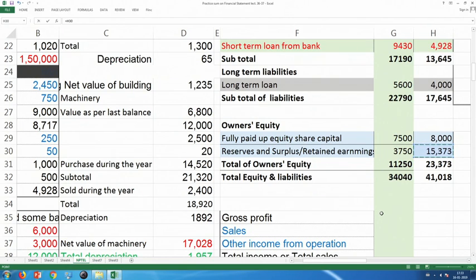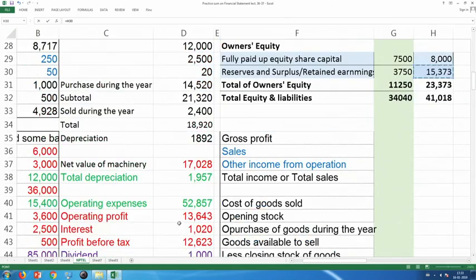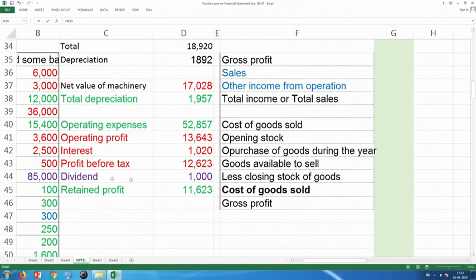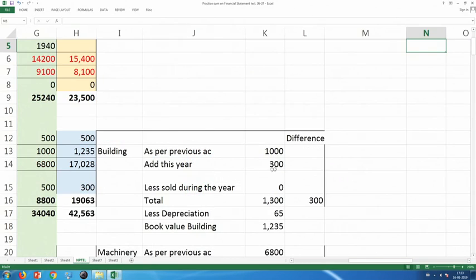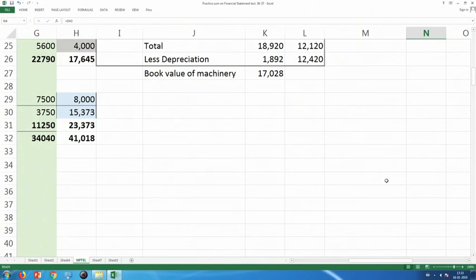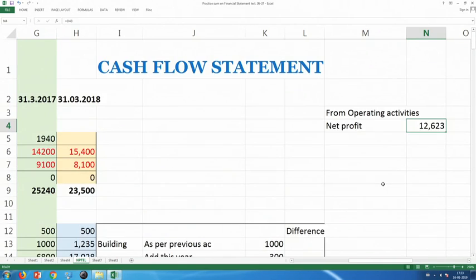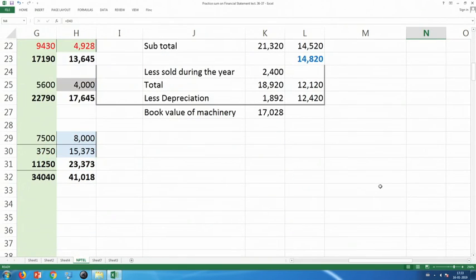Before dividend, cash flow is this one. So, we just place it here. So, it comes to 12,623, which is the amount of net profit.